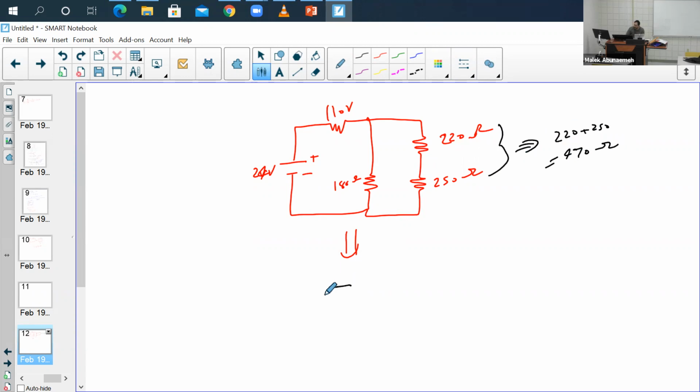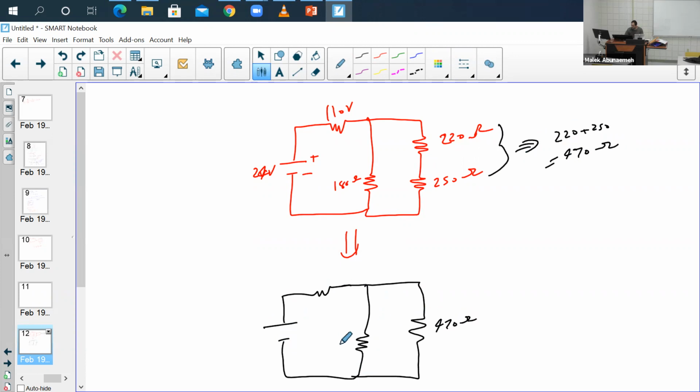That reduces our circuit to this one. This one will be 470 ohms. This one's still 180 ohms. This was 110, not volts, ohms. I don't know why I wrote volts over here. It's supposed to be ohms. And this is your 24 volts, positive, negative.